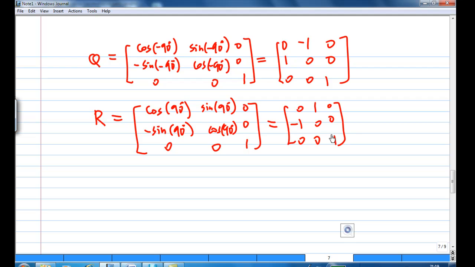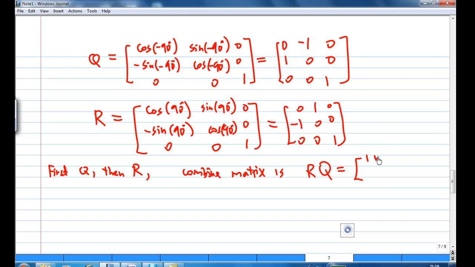So if you apply the transformation first Q then R, the combined transformation matrix is R times Q. And when you multiply, you get the identity matrix.